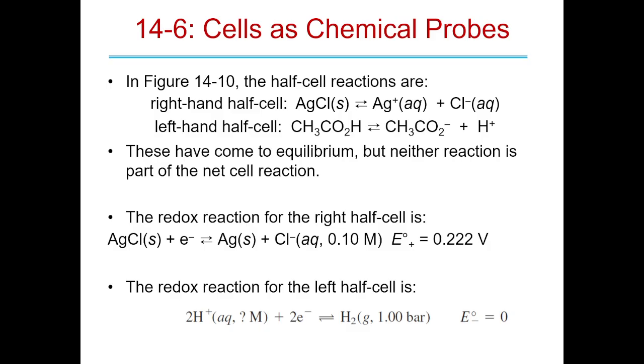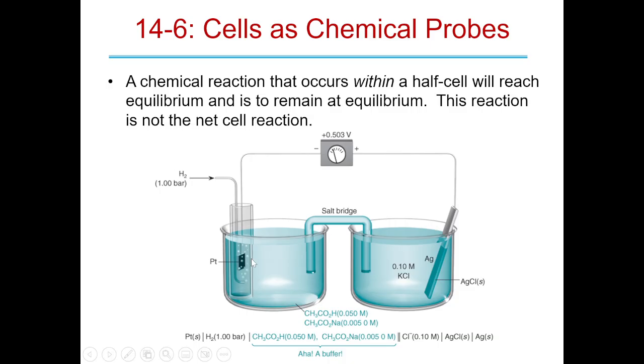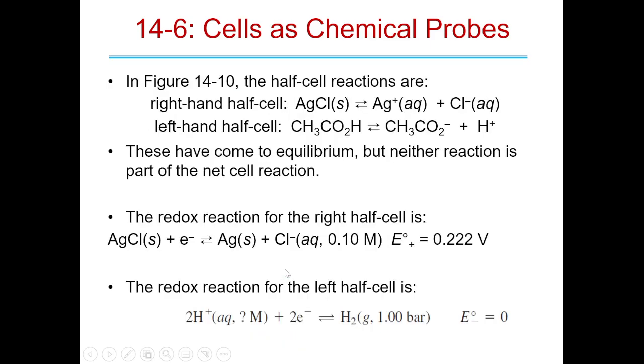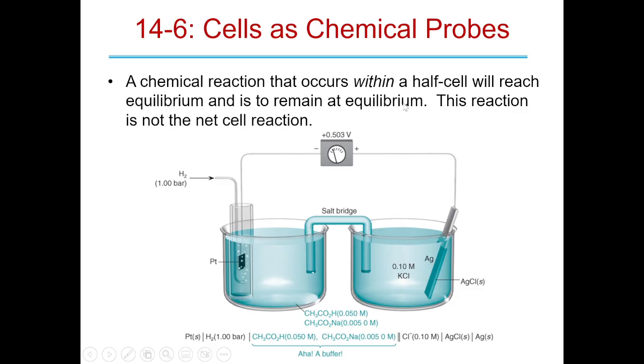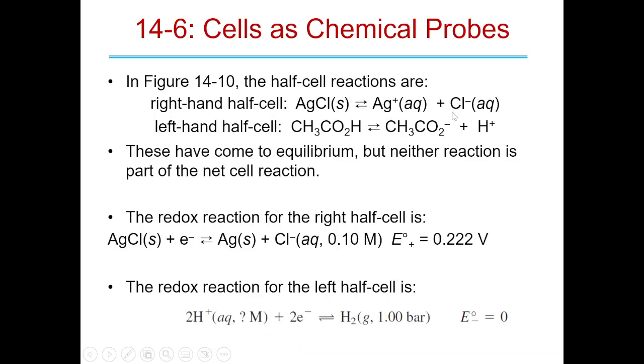All right, so for this figure we just looked at right here, we have half cell reactions. This is the right-hand cell. This is the left-hand cell. These have come to equilibrium, but neither reaction is part of the net cell reaction. So your redox reaction for the right half cell is this right here. And that still has a voltage there.